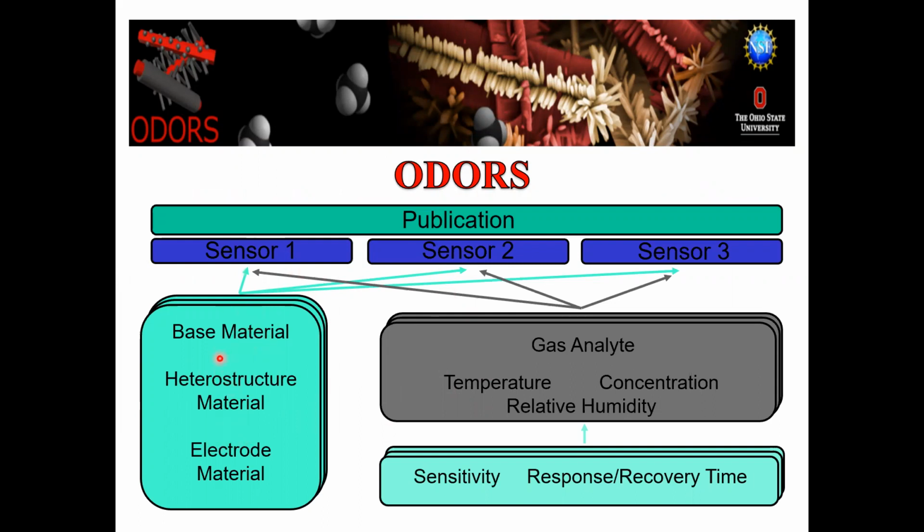Is it based on tin dioxide or TiO2 or zinc oxide? What kind of heterostructure? What kind of electrode material? And then we look at the response to gas analyte as a function of temperature, effect of relative humidity, and so on. And we look at the sensitivity and response and recovery.